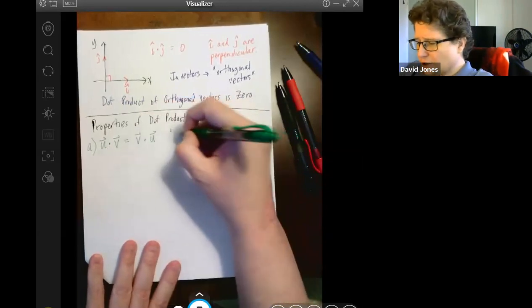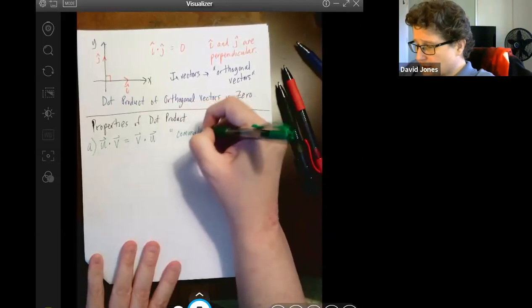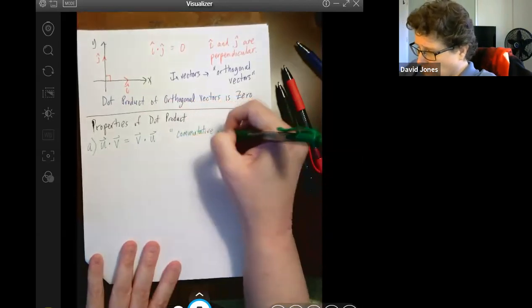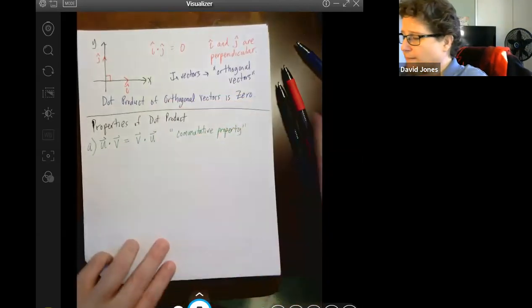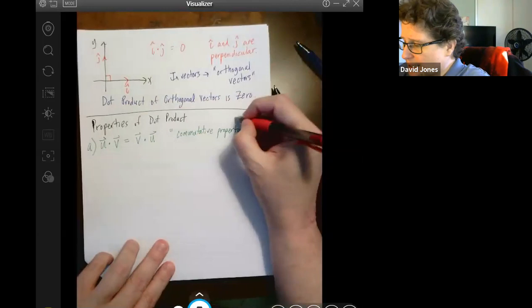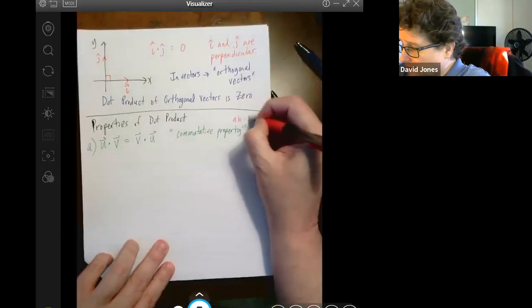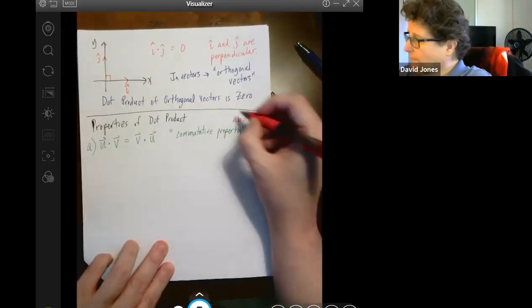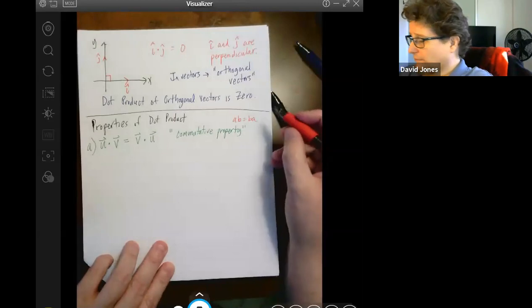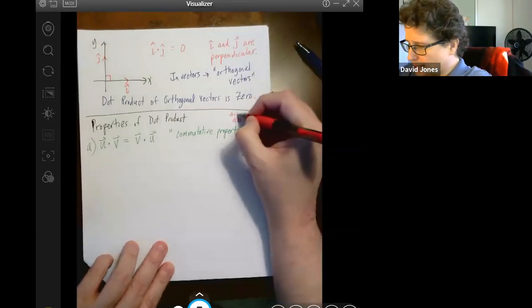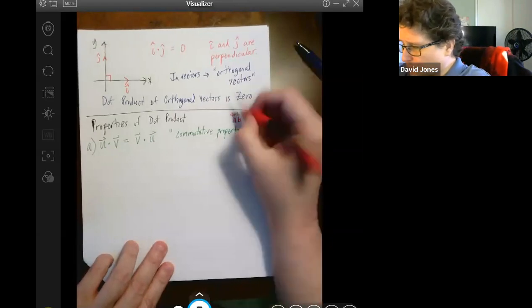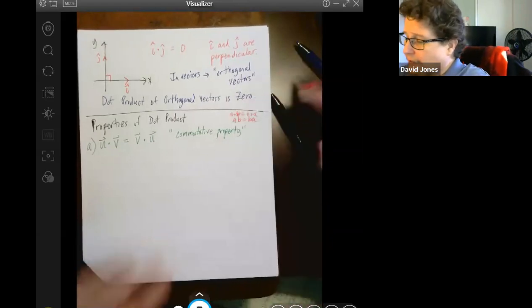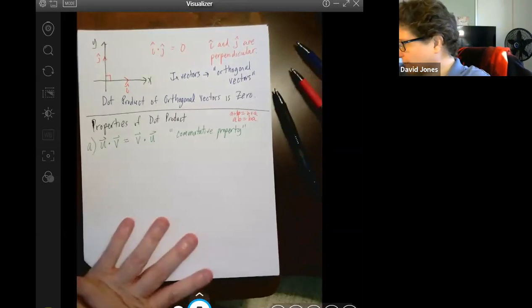This is the commutative property. Remember, a times b equals b times a. And a plus b equals b plus a. We showed the a plus b equals b plus a in 8.3. Here it applies.